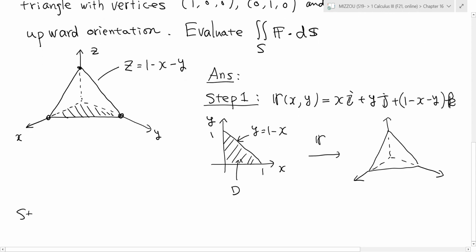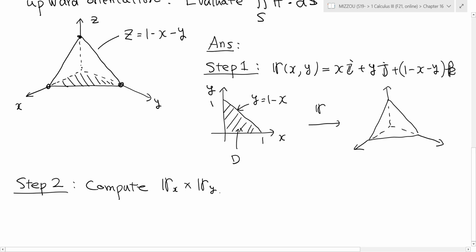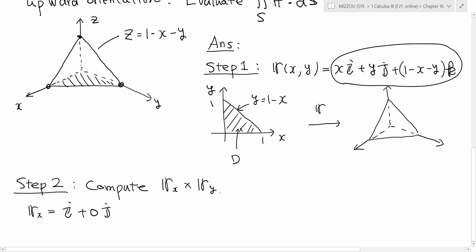Now step 2, compute Rx cross Ry. To do this, first we compute Rx by differentiating with respect to x, and you get i + 0j - k.